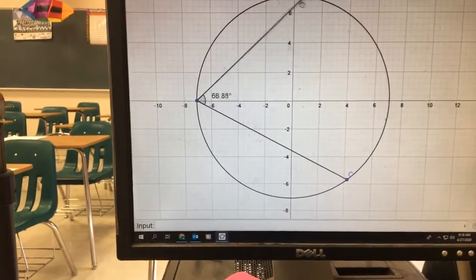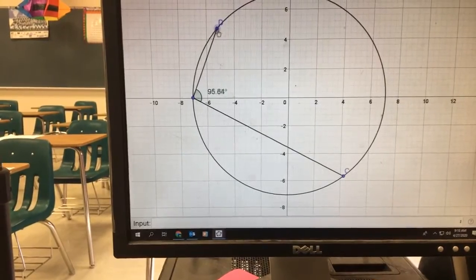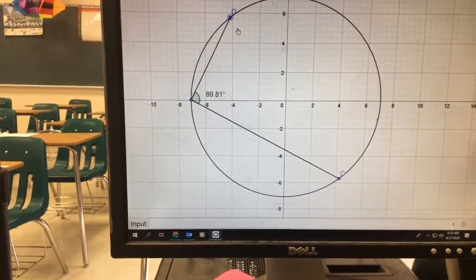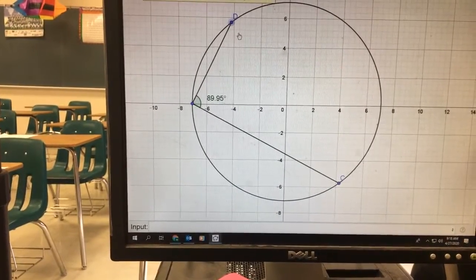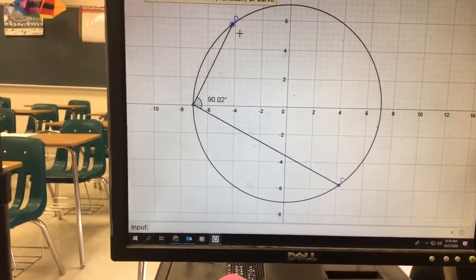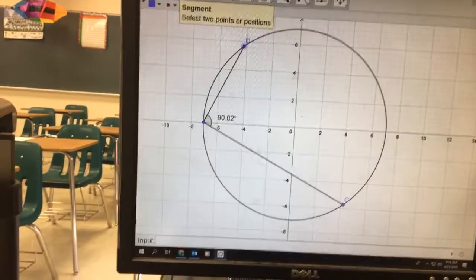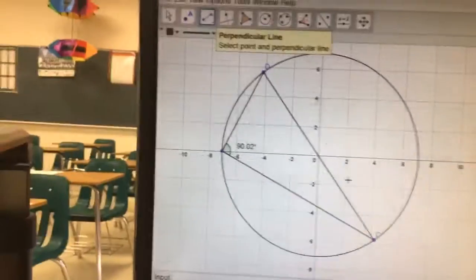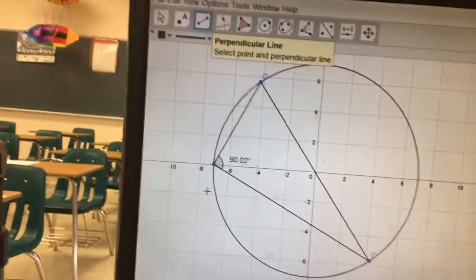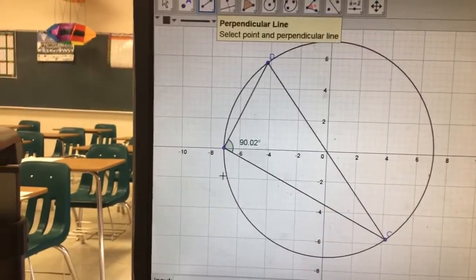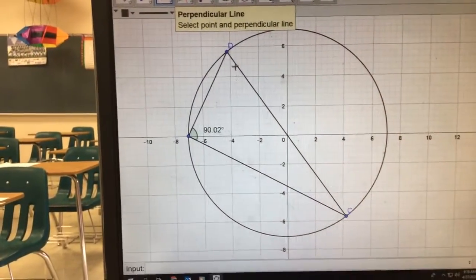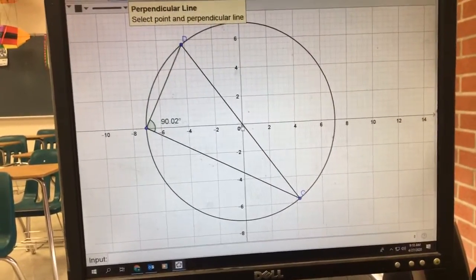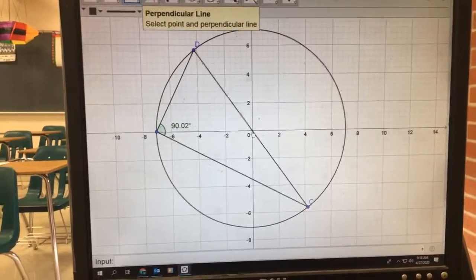As this angle changes, if I could get it to come down to something close to a 90, that's pretty doggone close to a 90. If I put a segment from there to there, had I nailed that at a perfect 90-degree angle, this hypotenuse of what should be a right triangle does in fact go through the center of the circle.